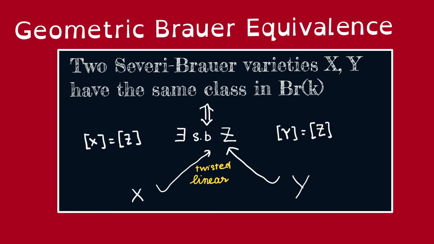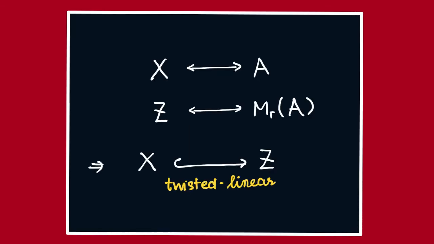Given two Severi-Brauer varieties X and Y having the same class in the Brauer group, how would we construct some Severi-Brauer variety Z such that X and Y embed into Z as twisted linear subvarieties? Well, for that we need to use the following proposition proven by Michael Artin. Let's say that A is the central simple algebra corresponding to X. Then we can take a matrix algebra over A. You can choose r to be any positive integer.